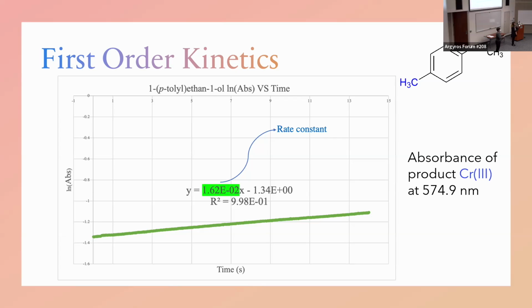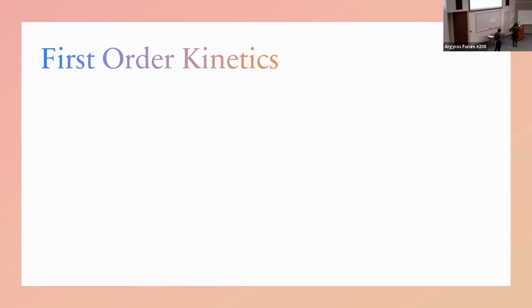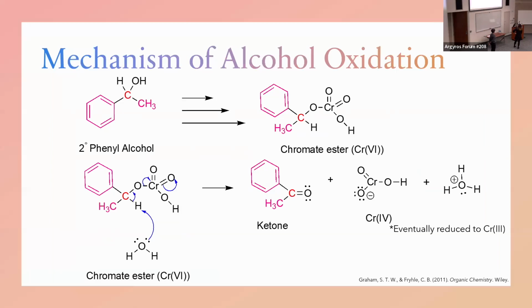This may be probably beyond the scope of what you've been doing, but I'm interested in the mechanism of the reaction, and I have to admit, I won't tell you how many years it's been since I've thought about the mechanism of chromium 6 oxidation.